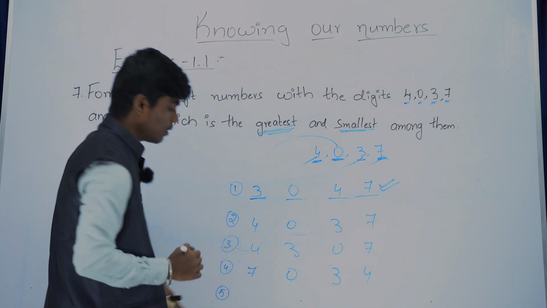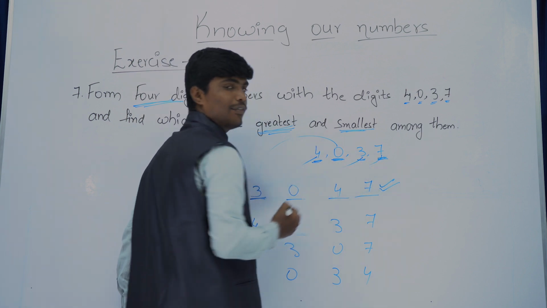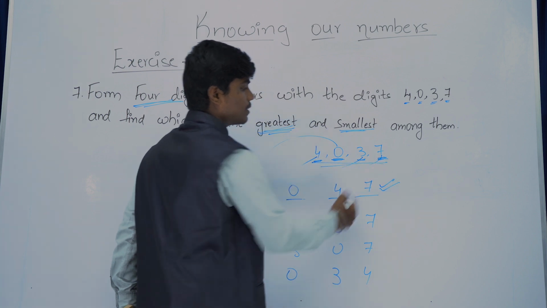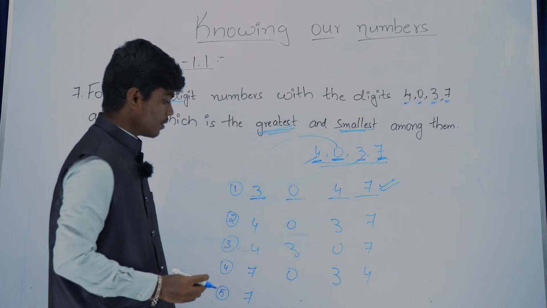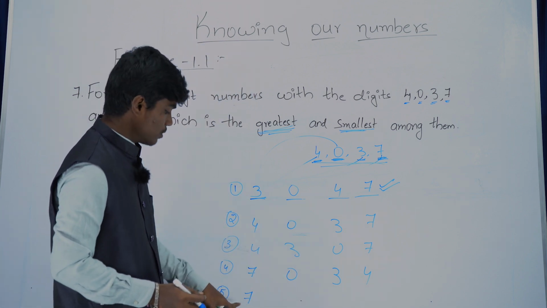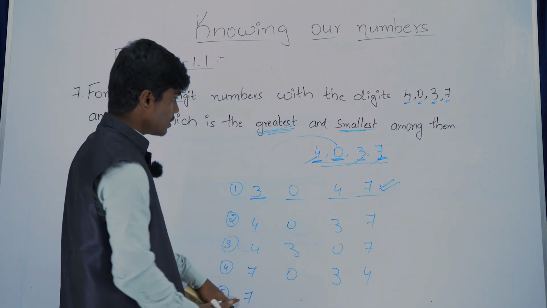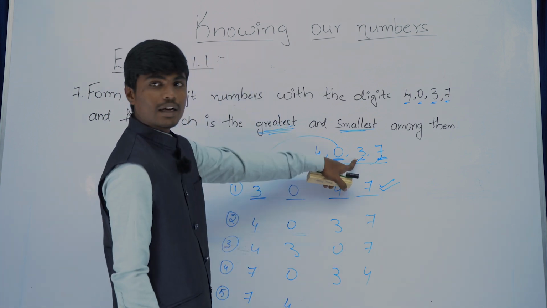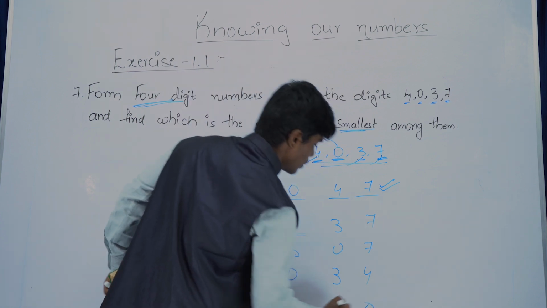Fifth one, to find the greatest number, we have to start the number with the greatest digit among these digits. The greatest digit is 7, and the digits should be in decreasing order: greatest, second greatest, third greatest, and the smallest. The second greatest is 4, the third greatest is 3, and the smallest value is 0.